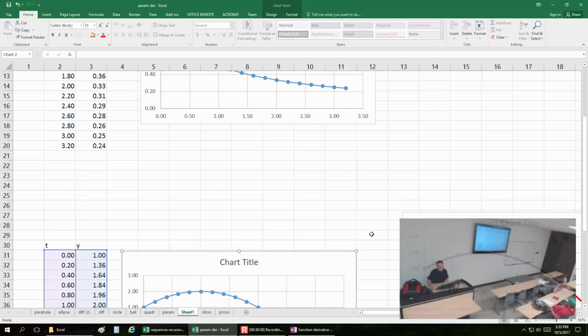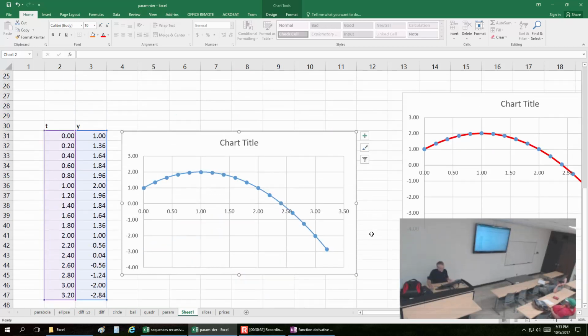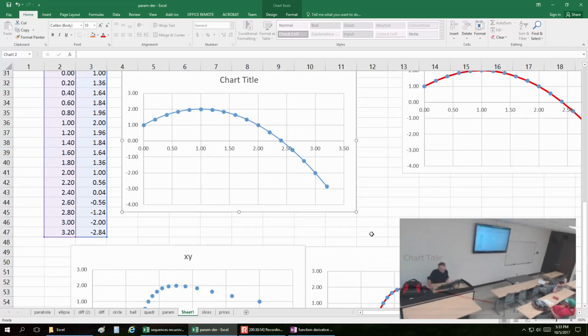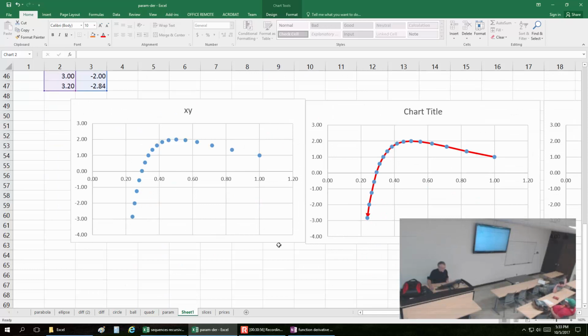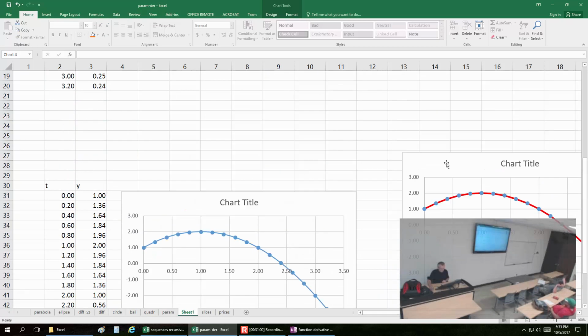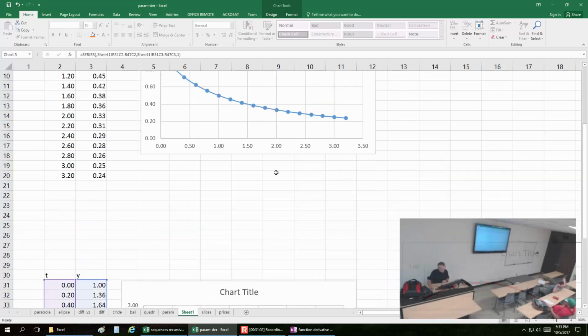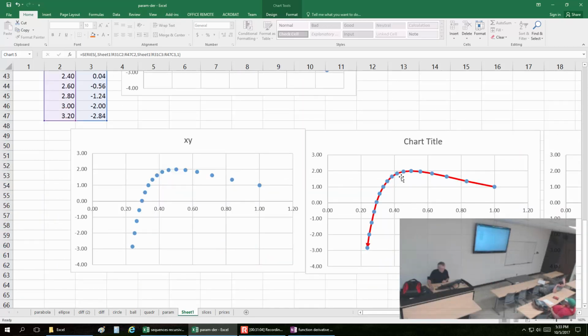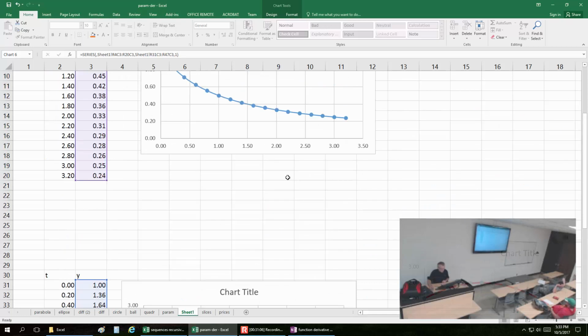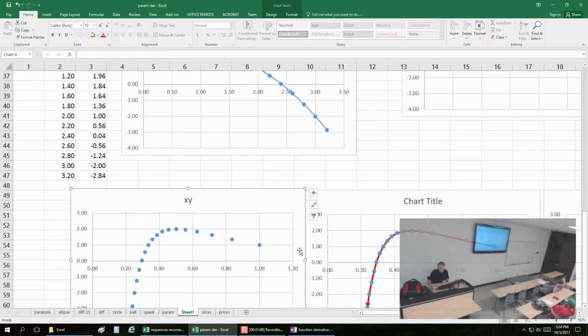Okay, so two curves, x as a function of t, y as a function of t, and the last step is right here. How does that work? Maybe this one. No. This one. Okay, this one is better. I'll kill this one.